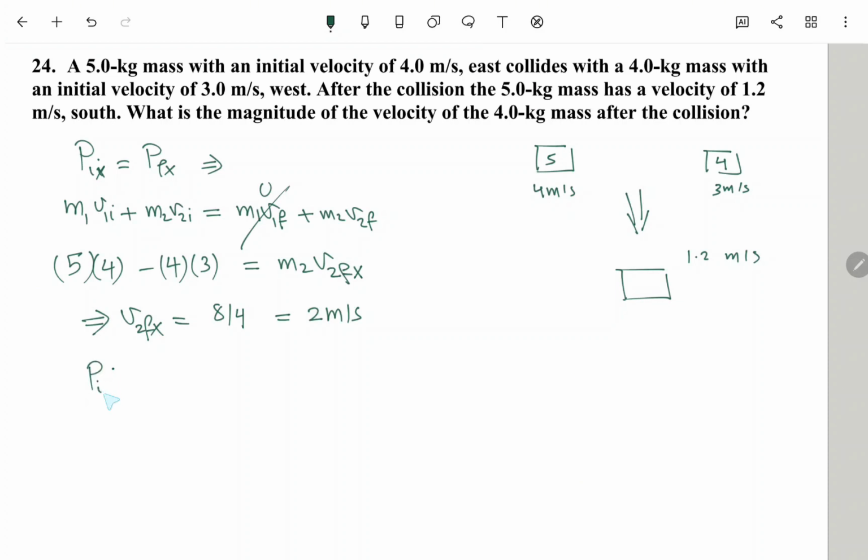P initial y equal to P final y. In other words, now P initial y is equal to 0 because it has no initial components on y, which is 0, equal to m1 v1 y final plus m2 v2 y final.